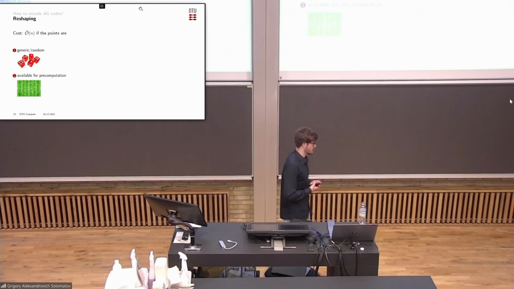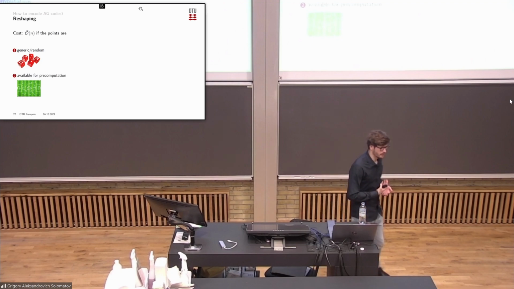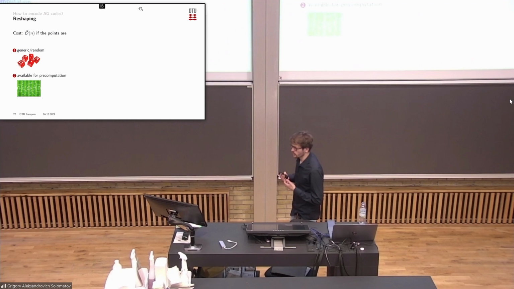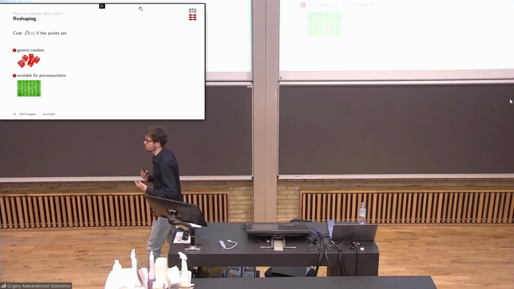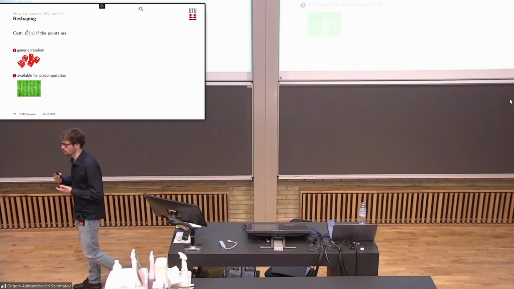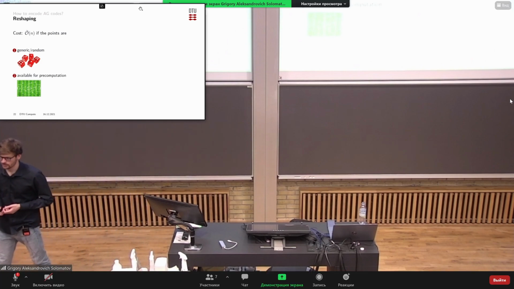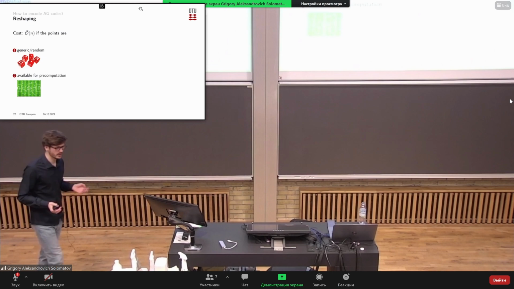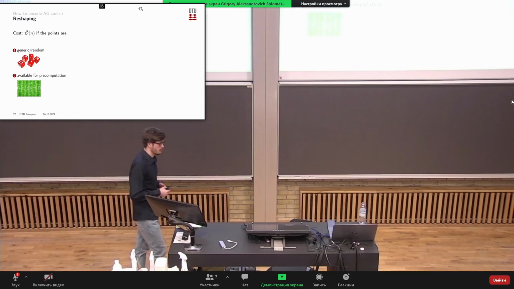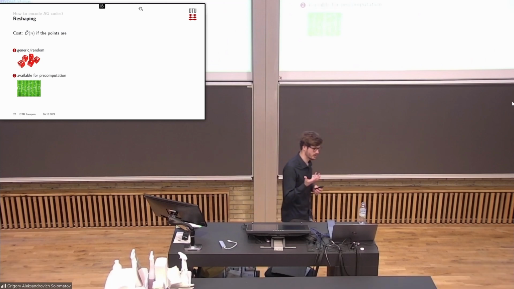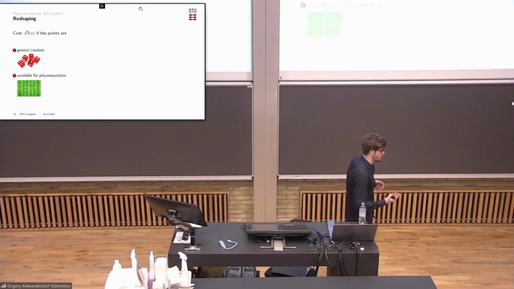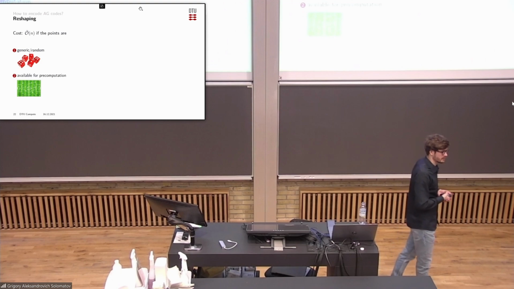For the purposes of error correcting codes, though, for the purposes of algebraic geometry codes, this is not an issue because we can always allow ourselves to spend some time pre-computing these reshaping polynomials. We can compute them before the communication protocol is deployed in practice. So that's perfectly fine. But for other applications that don't allow you to have access to the point set before a computation is to be performed, that is less desirable.